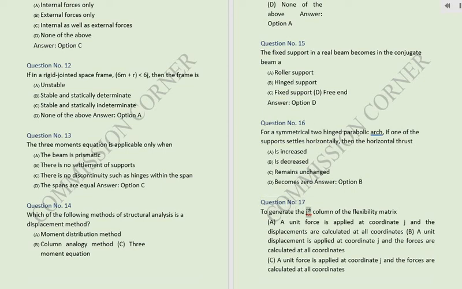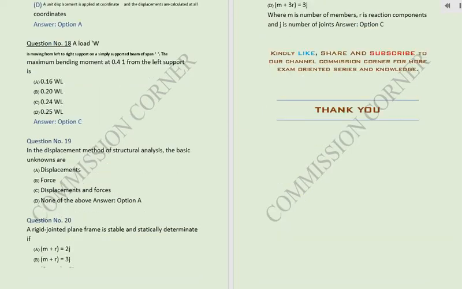Question number 17. To generate the Jth column of the flexibility matrix: A, a unit force is applied at coordinate J and the displacements are calculated at all coordinates; B, a unit displacement is applied at coordinate J and the forces are calculated at all coordinates; C, a unit force is applied at coordinate J and the forces are calculated at all coordinates; D, none of the above. Answer, option A. Question number 18.